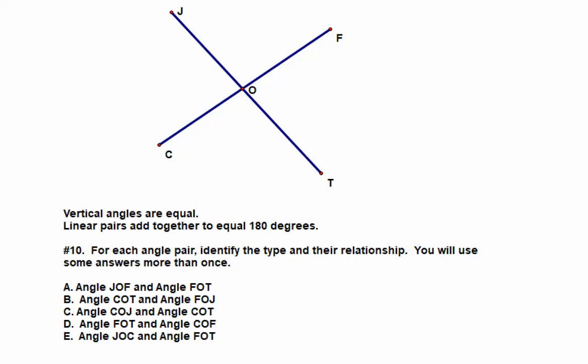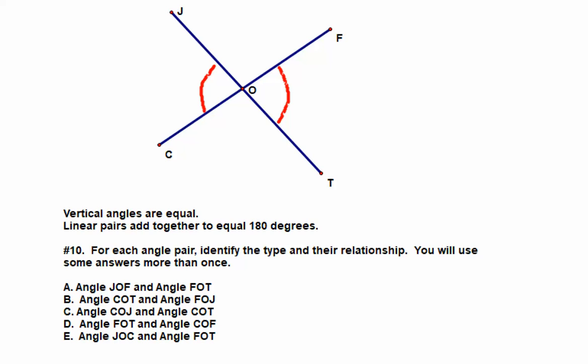In this worksheet, you should have discovered 2 things. Vertical angles are equal. Remember, vertical angles are formed when lines cross, and those angles touch only at one point. In my picture, angle JOC and angle FOT are vertical angles.